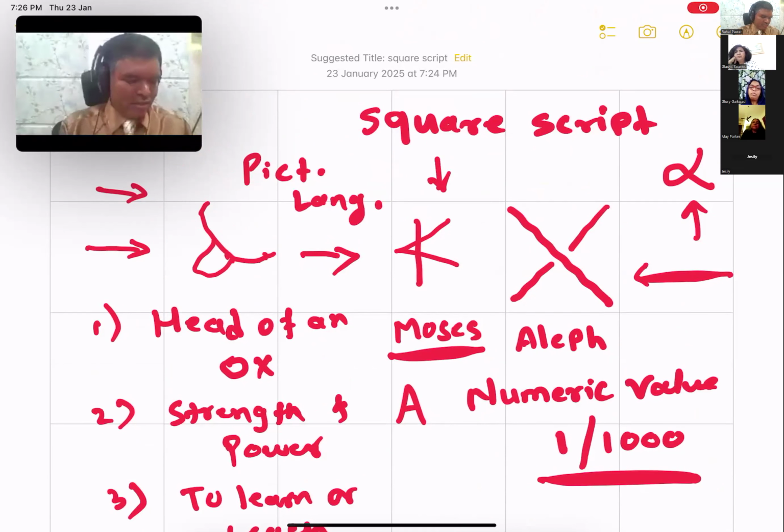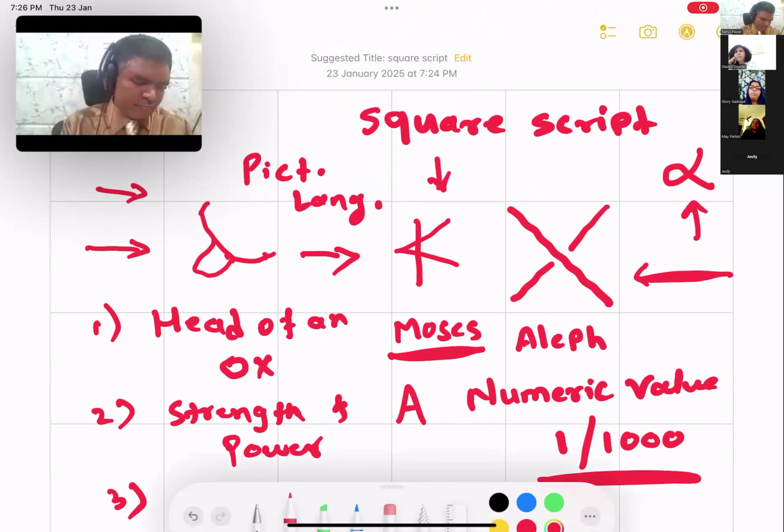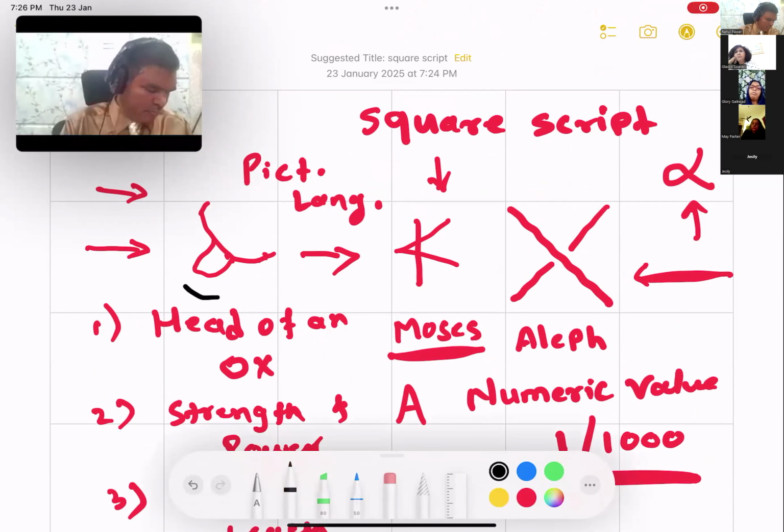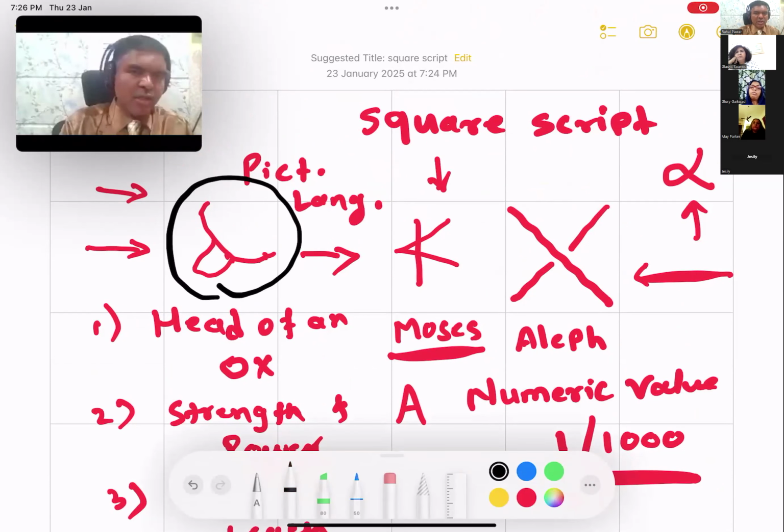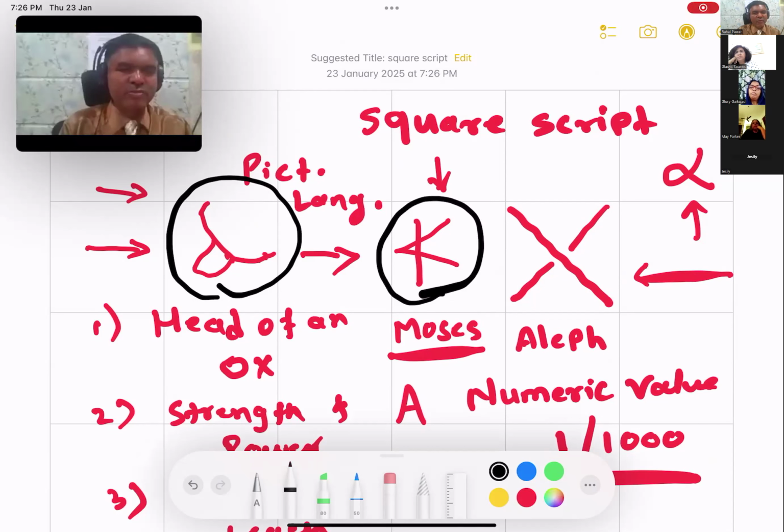The first one is a pictographic language. The second one, the language got into development during the time of Moses.